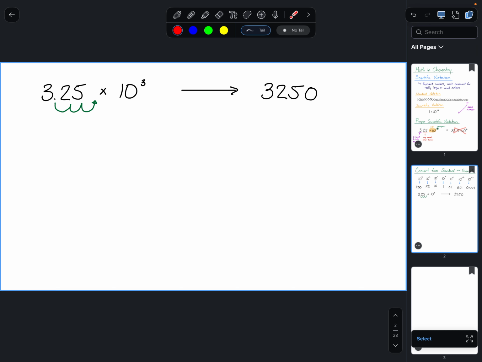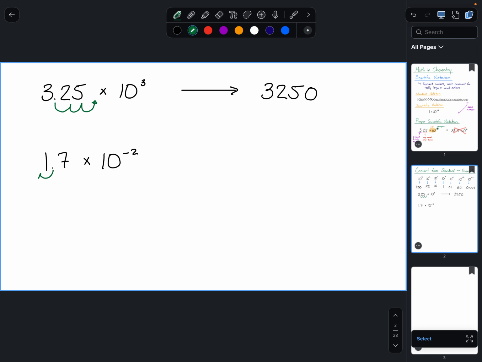Now, what if I wanted to do 1.7 times 10 to the negative 2? Well, I'm again going to have to jump my decimal point. How many times am I going to jump my decimal point? 2, because again the difference is I'm going to jump in the other direction. Now this is a small number because it's a negative exponent.